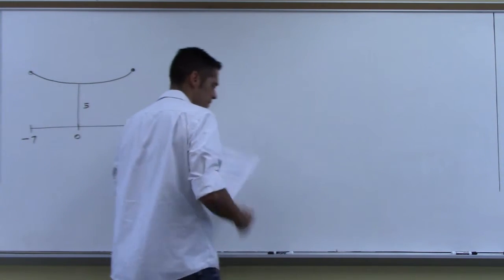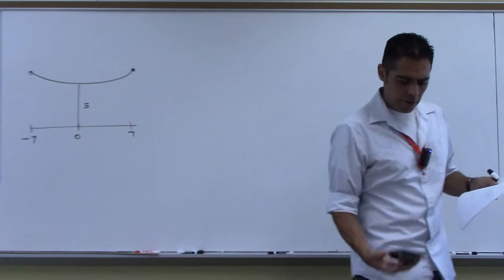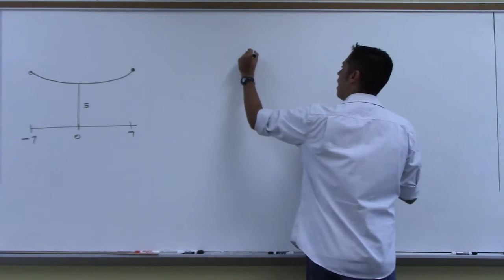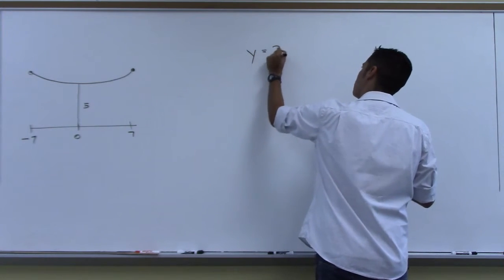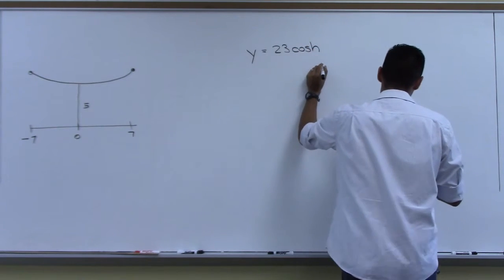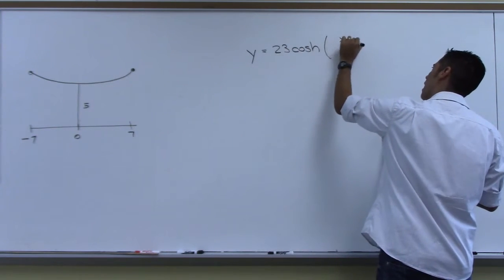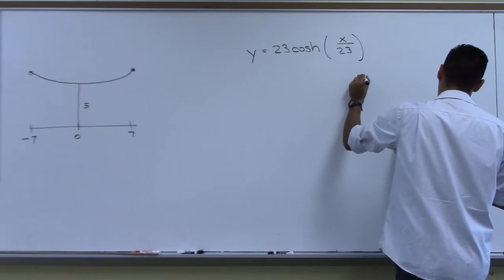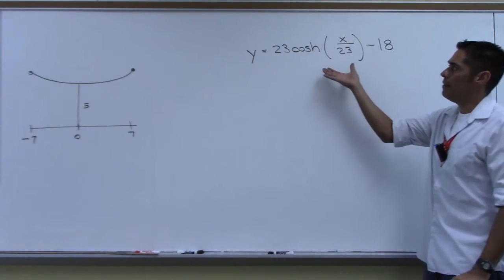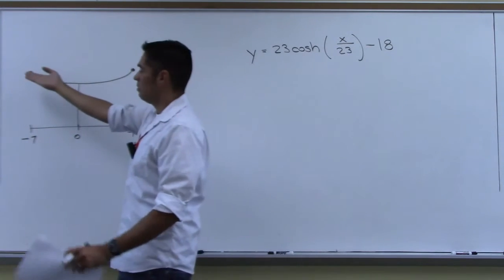They give you the actual equation of the catenary. This is it: 23 hyperbolic cosine of x over 23 minus 18. That graph is this wire.